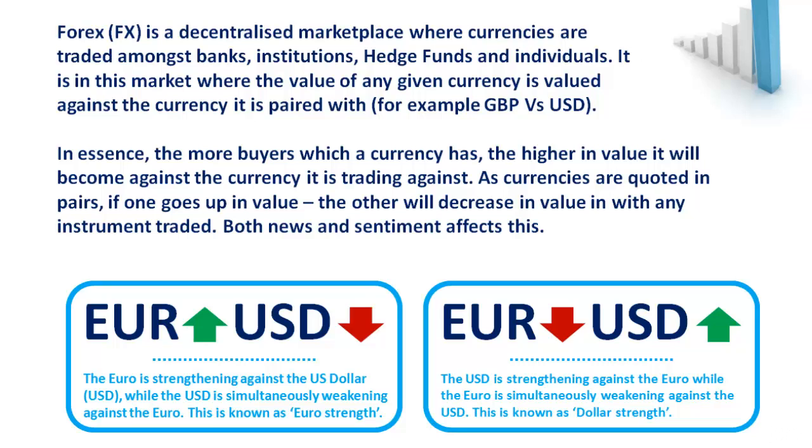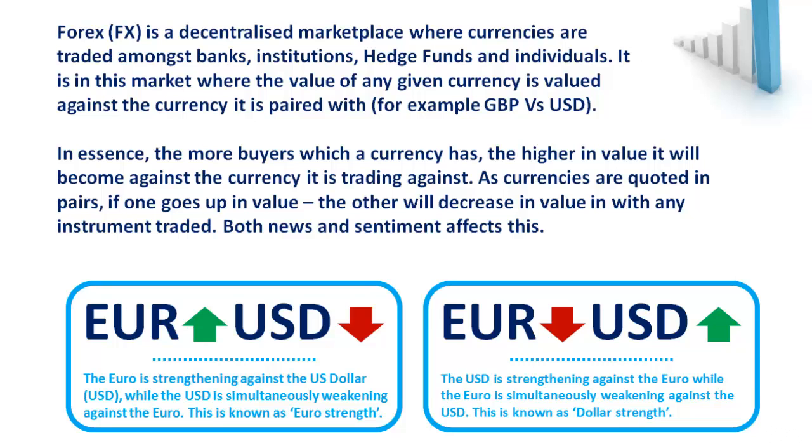It's essentially a two-horse race between the euro and the US dollar as to who has the most sentiment, who has the most confidence, who's buying more and selling more. For example, if people are buying more euro than the US dollar, then the euro will rise in value compared to the US dollar.